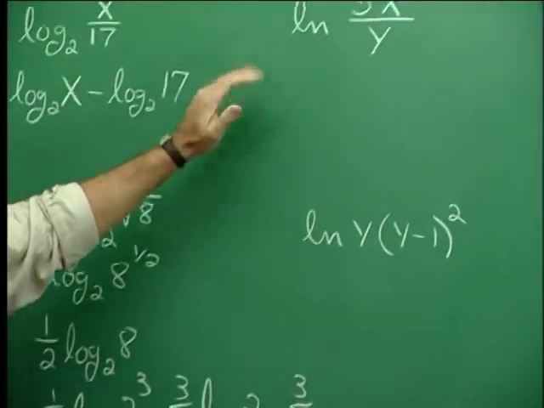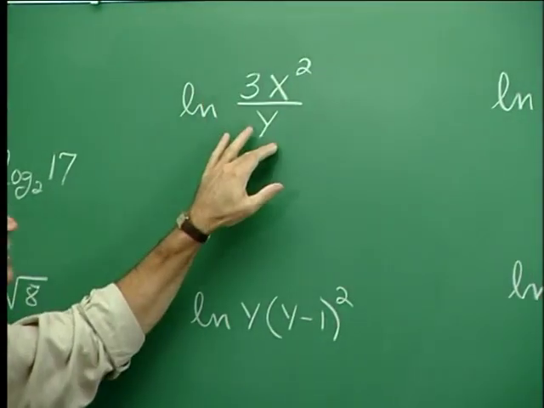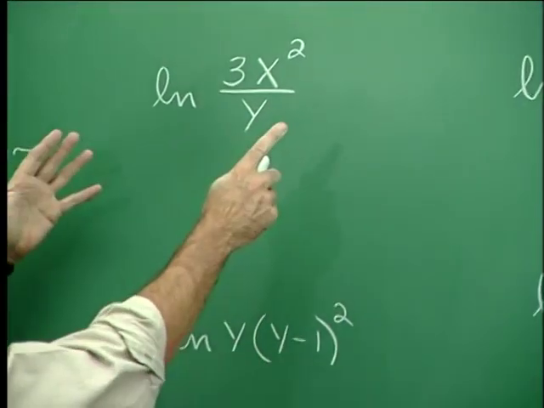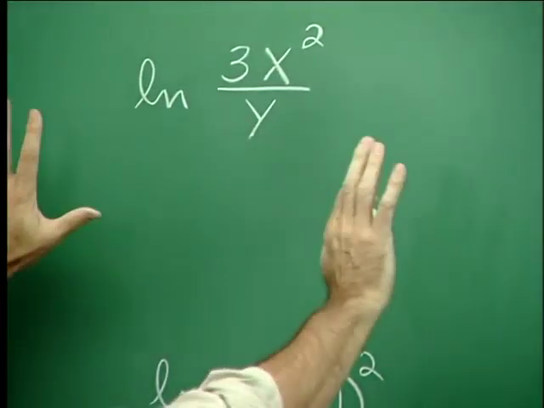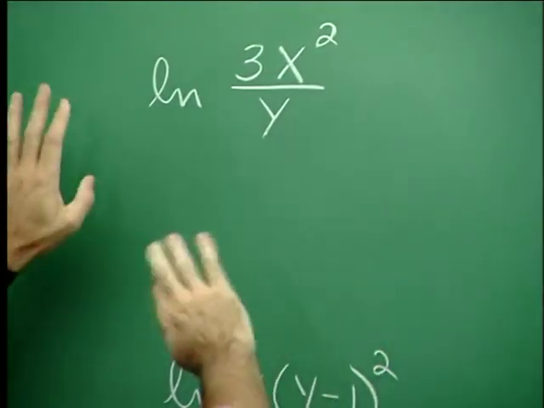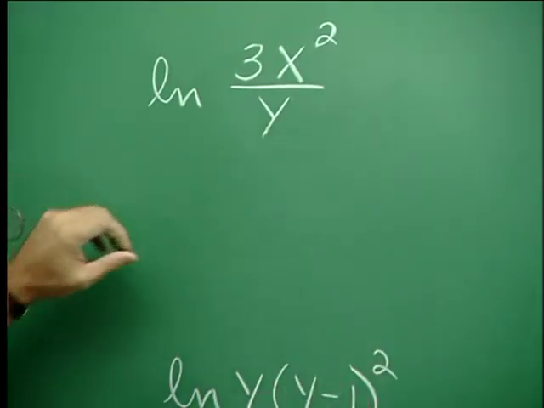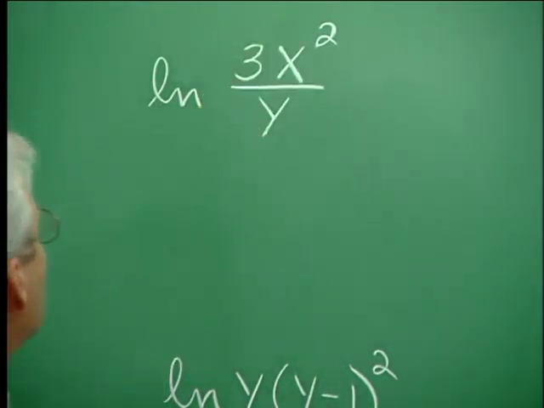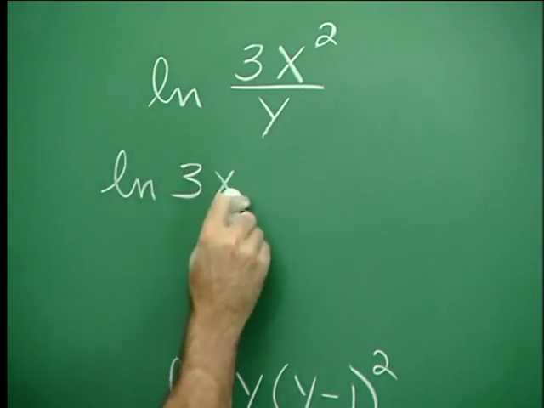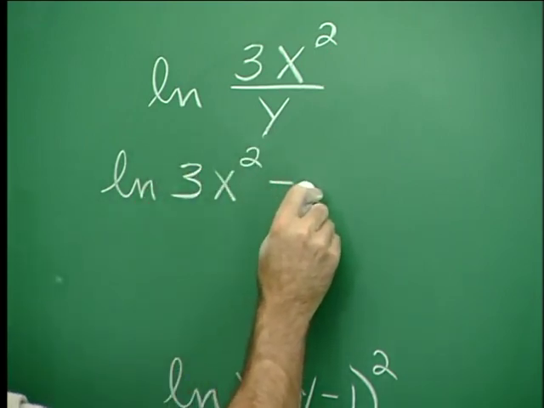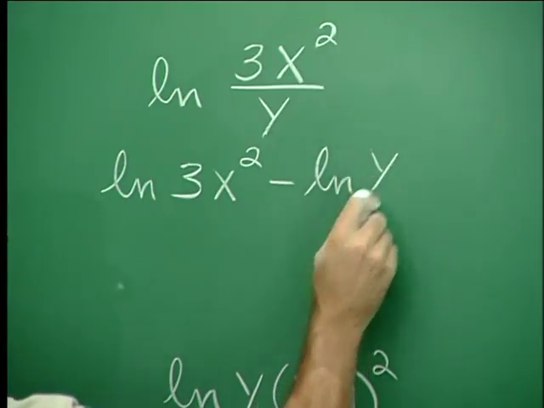In this problem, we have the logarithm of a quotient. Now, notice it's natural log, but it doesn't make any difference. The base of the logarithm makes no difference in these properties. So we apply the properties kind of universally. So natural log of a quotient means the natural log of the numerator minus the natural log of the denominator.